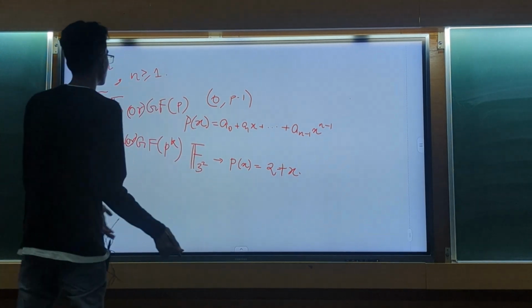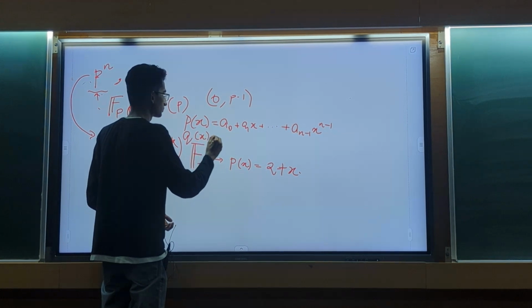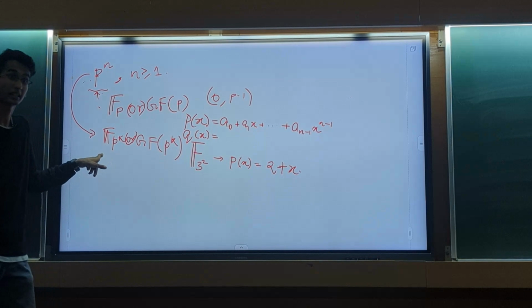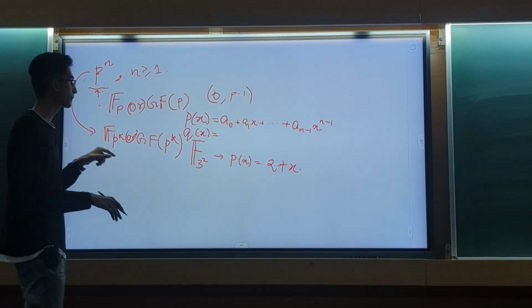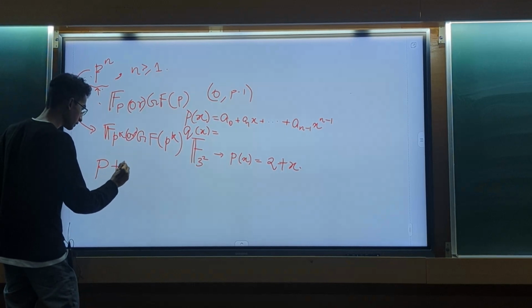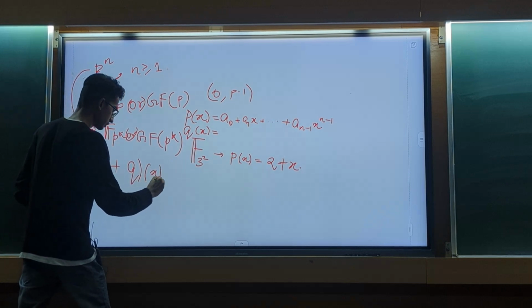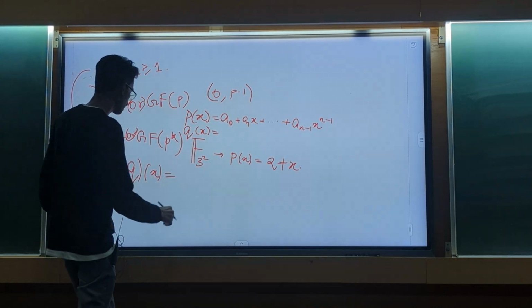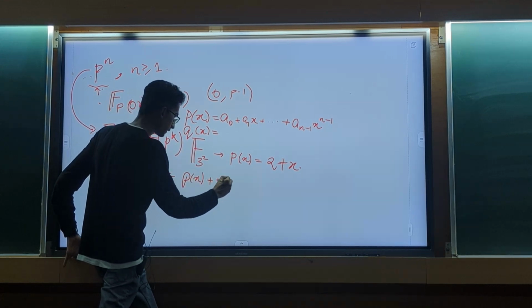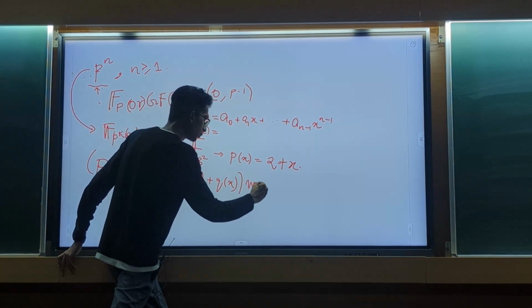Addition is very simple. p(x) and q(x) are elements of F_p^n. (p plus q)(x) is just p(x) plus q(x) mod p.